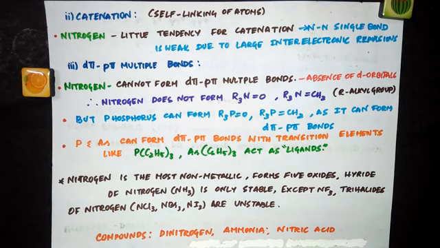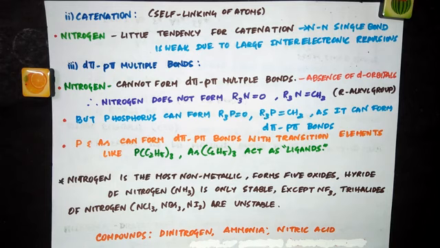The reason is, the N-N single bond is actually weak due to interelectronic repulsions, because there are lone pairs of electrons present on the nitrogen atoms of the N-N single bond, and it has a small bond length. So there will be electron-electron repulsions. When there is repulsion, you cannot form a strong bond. So the catenation tendency of nitrogen is very little.